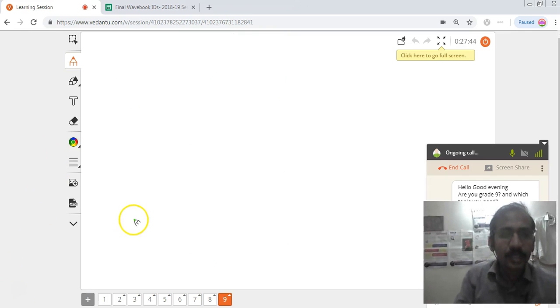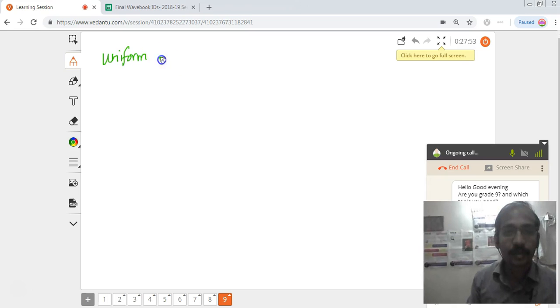The last one, uniform circular motion. How to define this?